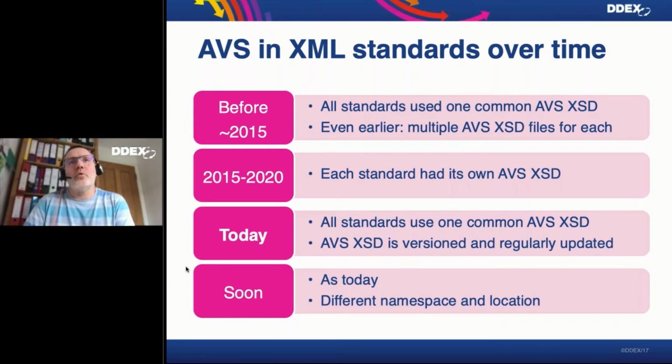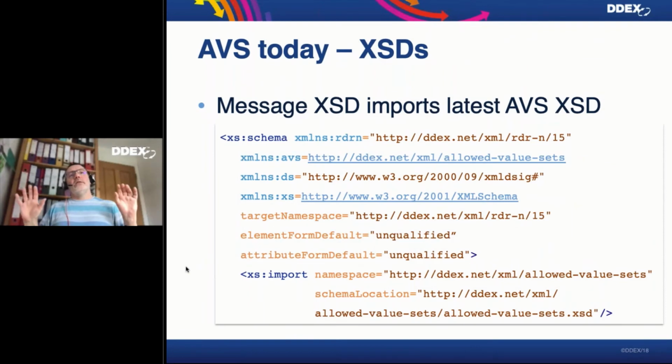It's not that important. What is important, though, is that when you're looking at the XML schema definition of a DDEX standard, and in this case, I've looked at the RADAR notification standard version 1.5, as you can see in the top line, that defines which allowed value set you're going to use.